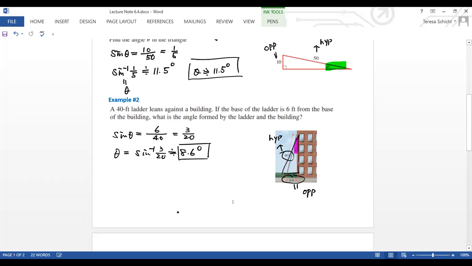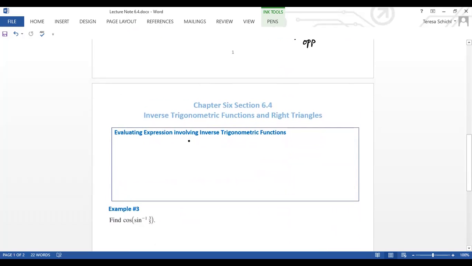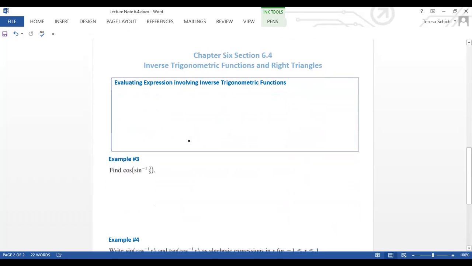Okay, so you use the inverse trig functions to find the missing side or missing angles here, right? Okay, so the next thing we're going to talk about is how to evaluate expressions involving inverse trig functions here.